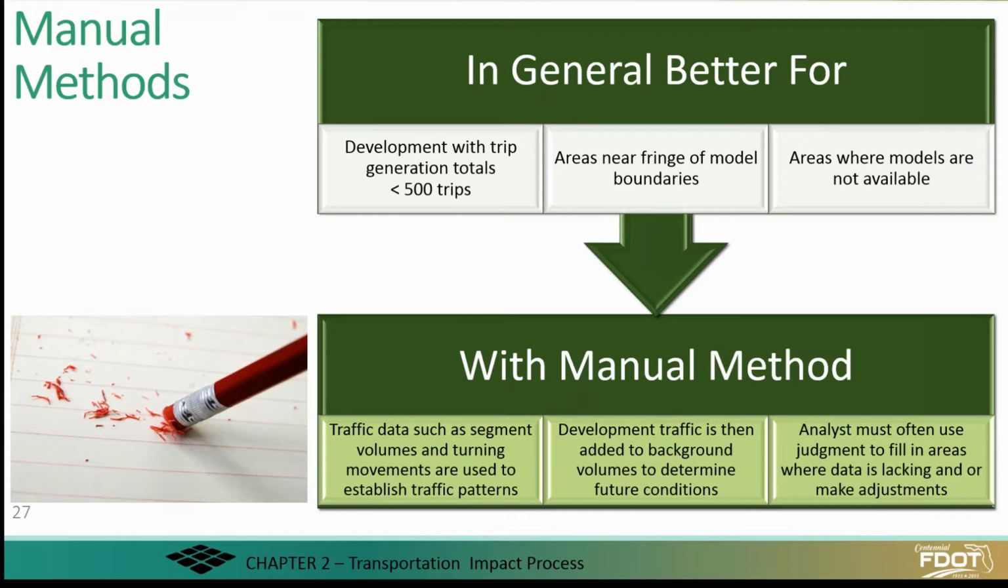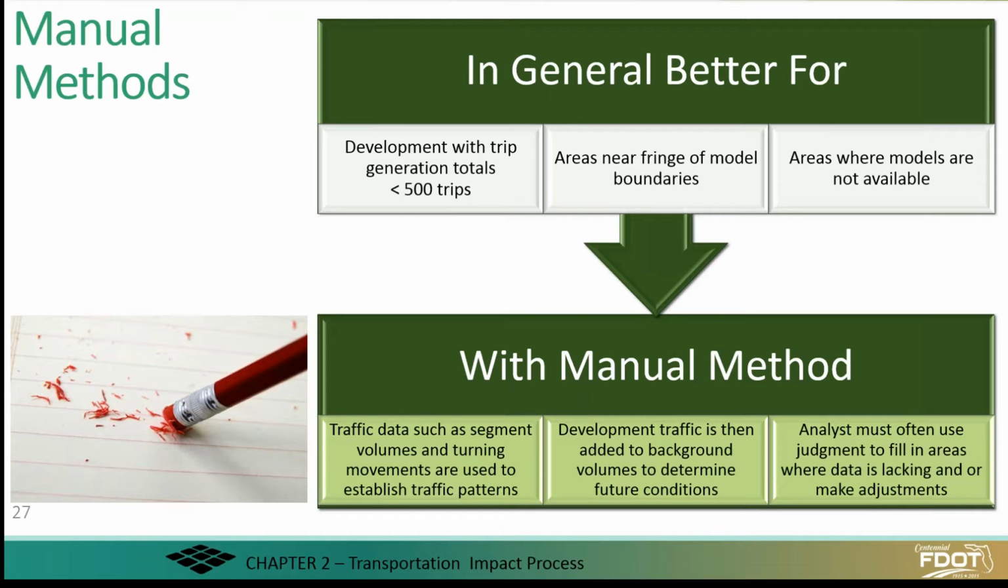It's for areas near the fringe of model boundaries where the models are not usually very well validated or calibrated, meaning that the model is more likely to have error at the fringes of the boundary, and so a manual process may be preferable to relying on the model.